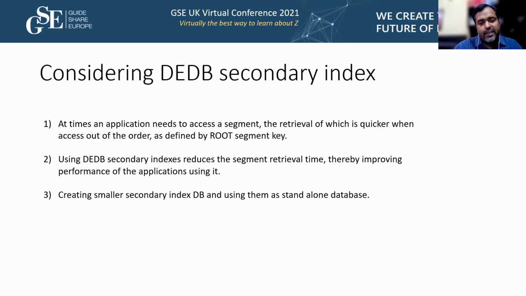We can also use a secondary index database as a standalone database. It's kind of a subset of your DEDB, and the application can directly access that particular secondary index database. That will definitely reduce the number of IO, thereby increasing the performance of your DEDB.